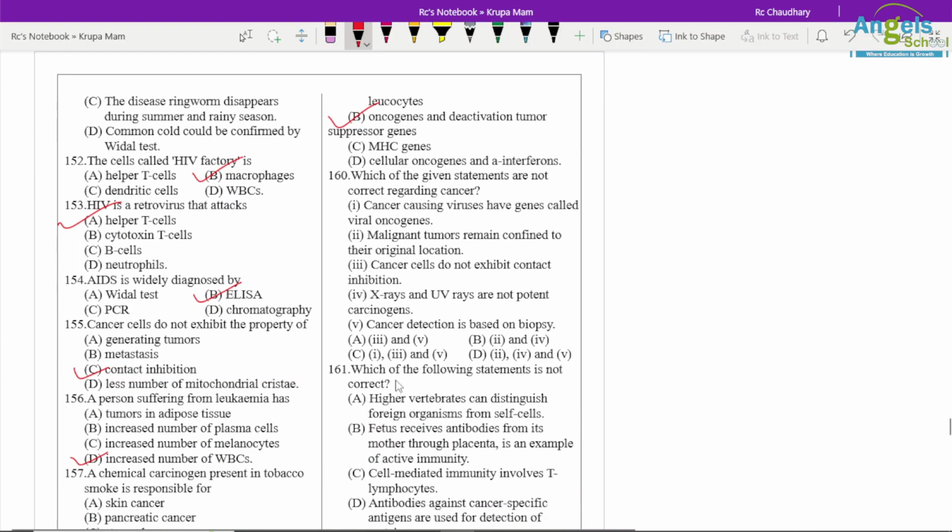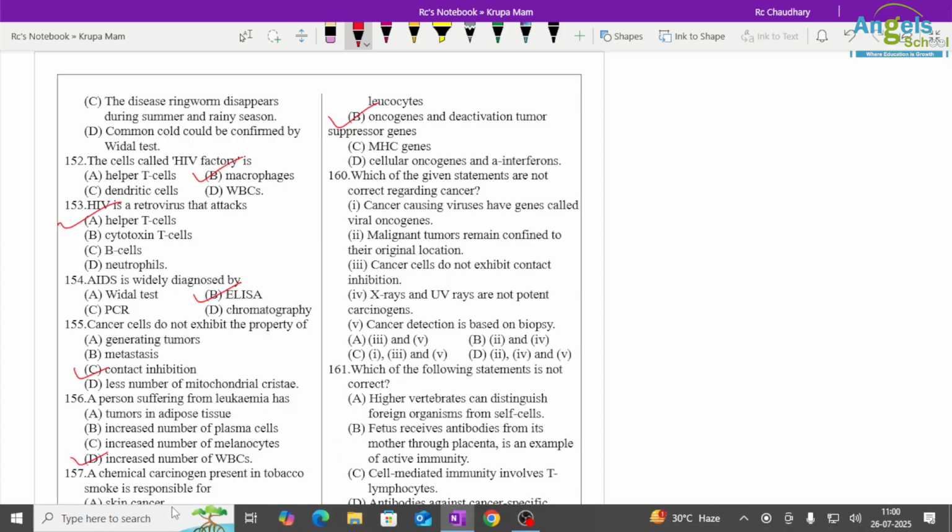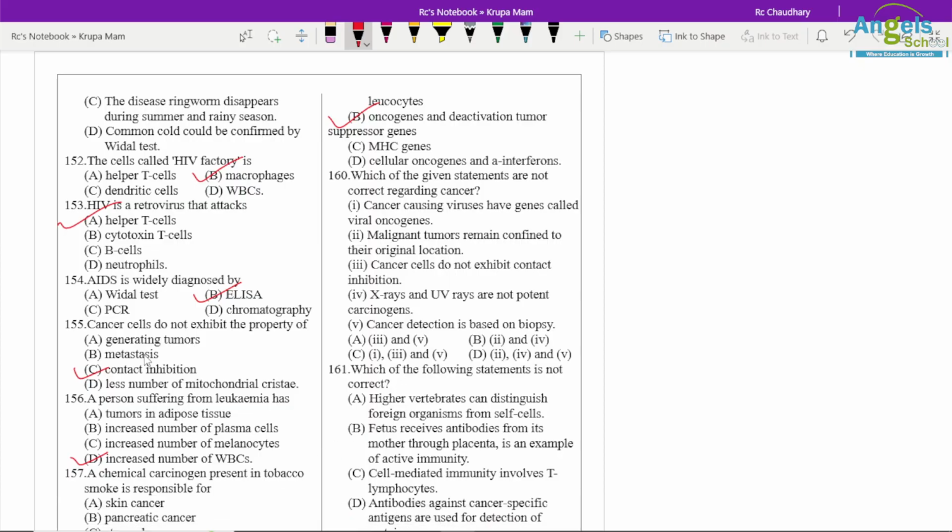Which of the following statements is not correct regarding cancer? Cancer-causing viruses carry viral oncogenes, so this statement is correct.